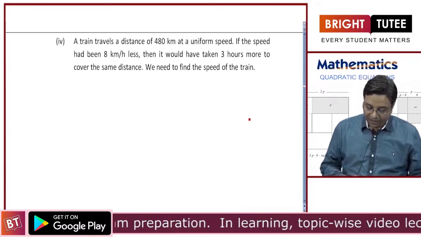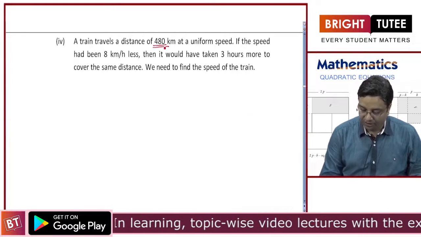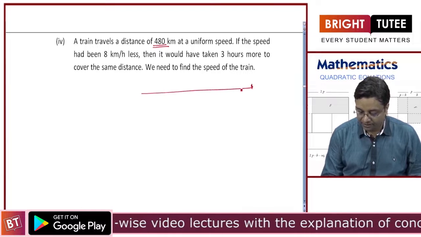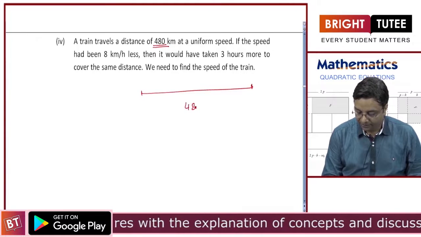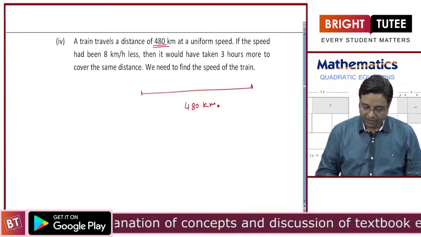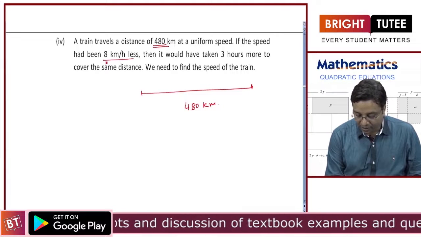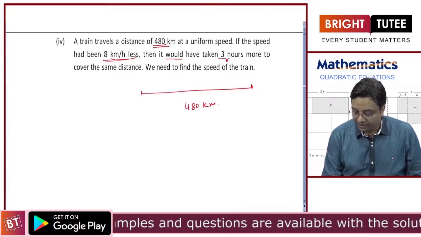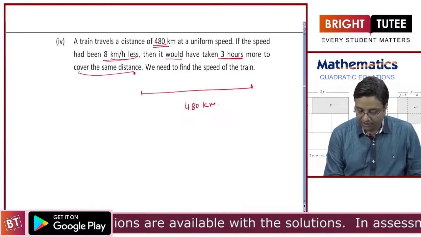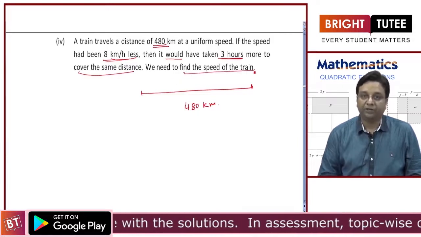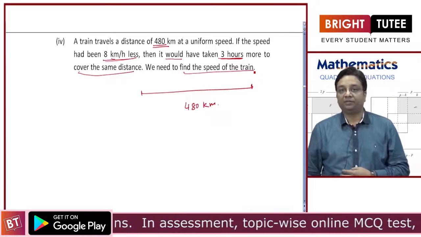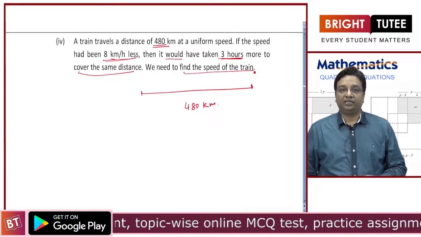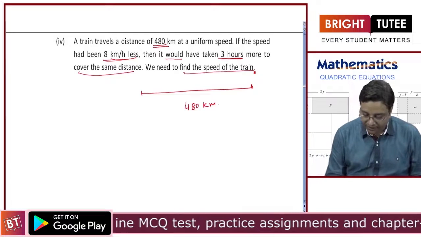Now this one, a train travels a distance of 480 kilometers. There is a distance of 480 kilometers. If the speed had been 8 kilometers per hour less, then it would have taken 3 hours more to cover the same distance. We need to find the speed of the train. Now we need to represent this problem in quadratic equation form, right?